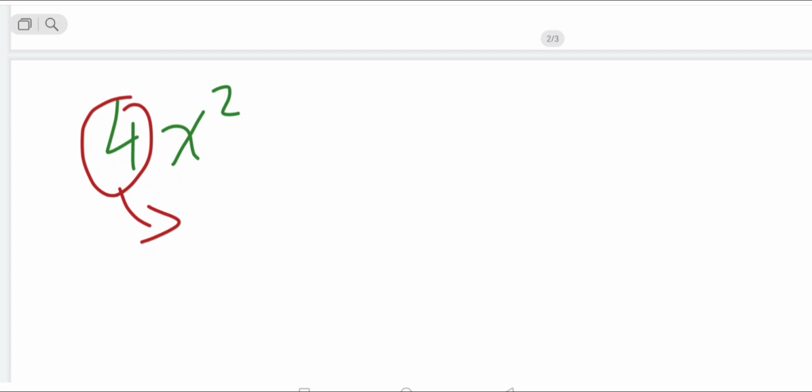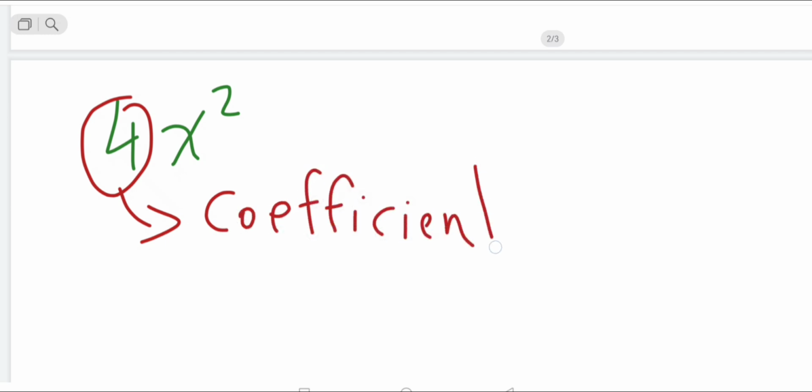Then one term, as I wrote in the beginning, 4x square, it is a term, it is a monomial. This one term has three parts. Number one, something multiplying with the variable, we say it is a coefficient. X is the variable, as I told you in the beginning.